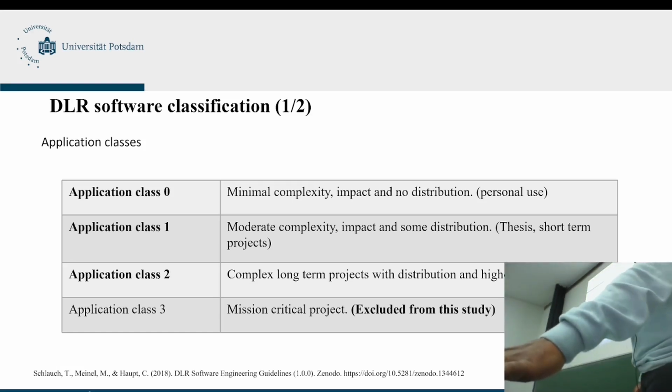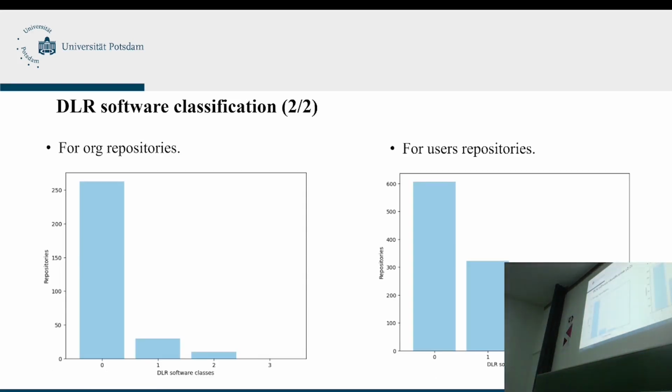This we did manually, and we found that most of the repositories we annotated were class 0, which are personal use scripts, then class 1 a smaller portion, and class 2, which has some distribution and also contributors.